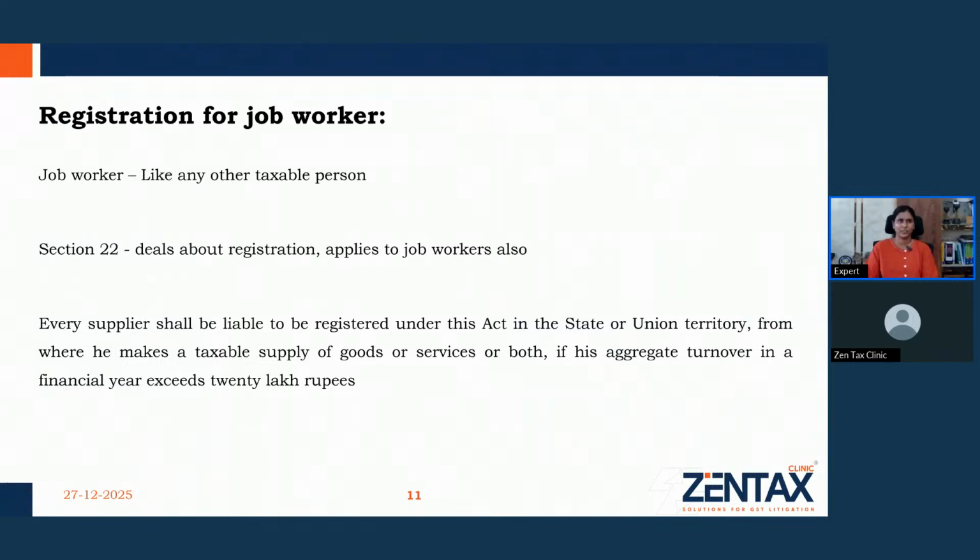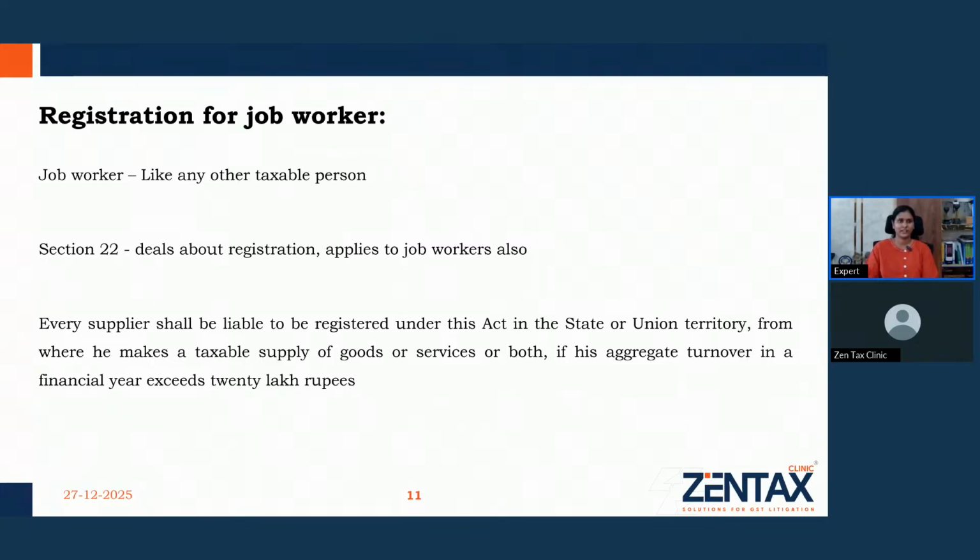Moving on, we will see the registration provisions for a job worker. A job worker, like any other taxable person, is also liable to get registered as per the provisions of section 22 of the CGST Act. Section 22 applies to normal persons, so those provisions shall apply to job workers also.